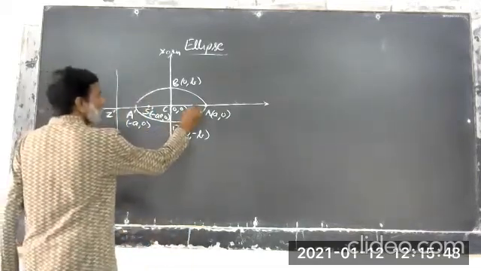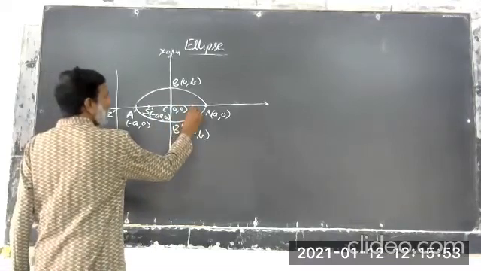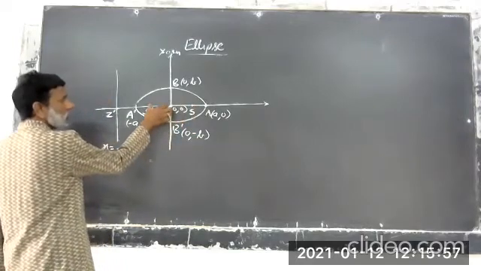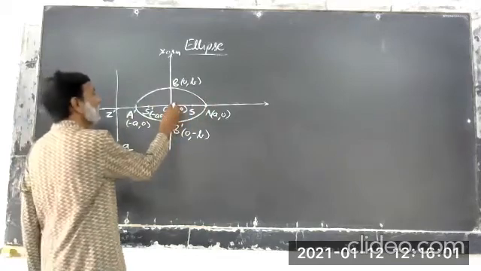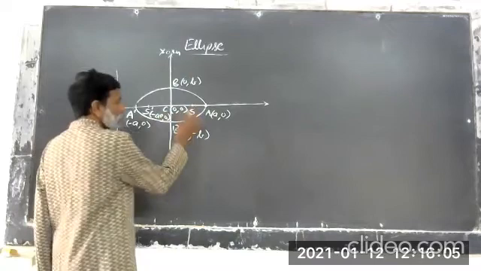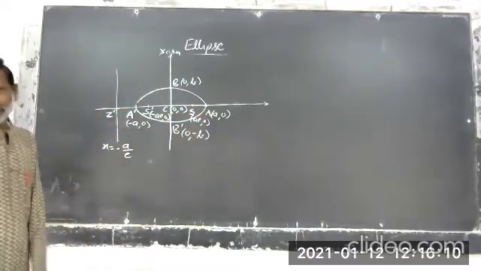There is another focus in the ellipse denoted by S. It is again the same distance as CS dash, but you are measuring towards the right side from the center C. So the coordinates of S will be (ae, 0).